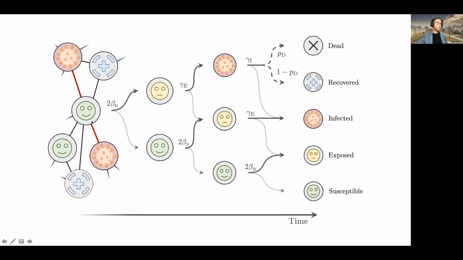So it can move from being healthy to being exposed. The pathogen starts to evolve in the body of the subject, but it is still not enough to present symptoms. Then from here, it can evolve into being fully infected. And then from here, we transition with a certain probability to death and with another probability to being healthy again and recovered, and for the scope of this work, immune.